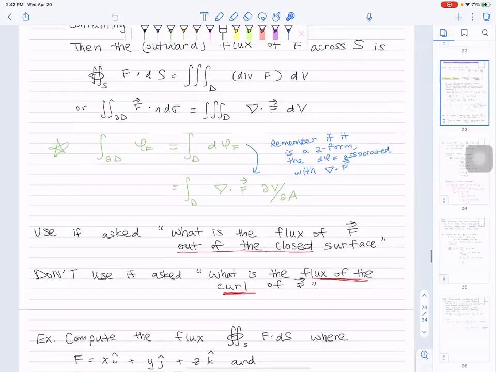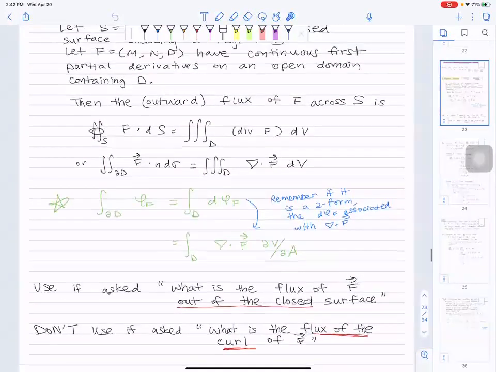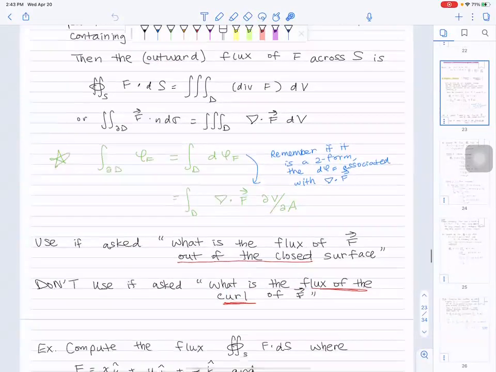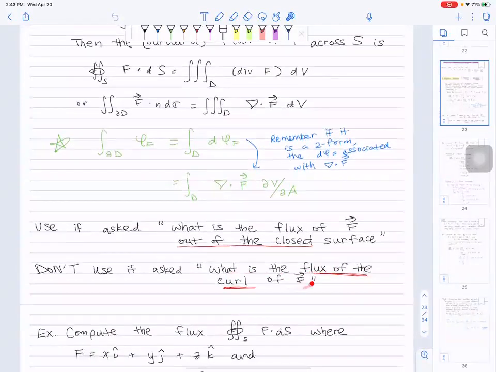Because Gauss's theorem is usually for finding the outward flux of some vector field only. But here it says flux of the curl, not of some specific vector field. This is saying flux of the curl of F. So if it says something like this, you should use Stokes' theorem instead.